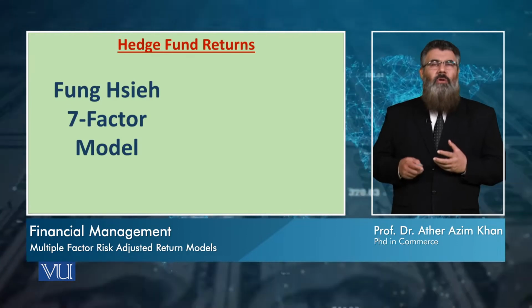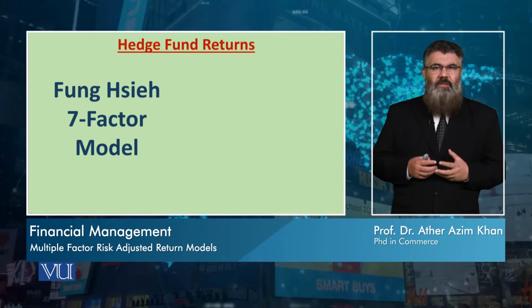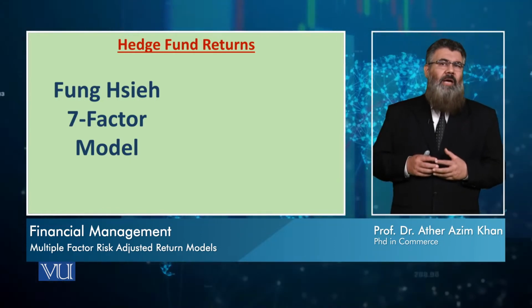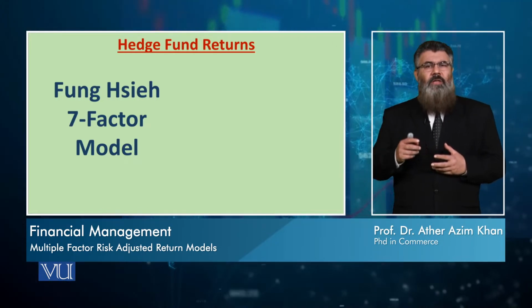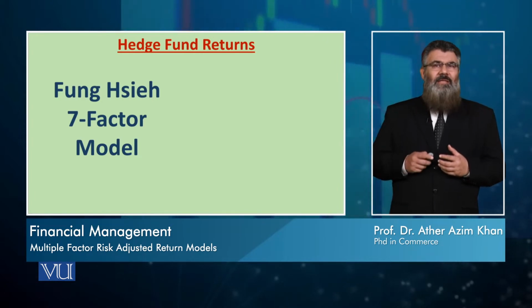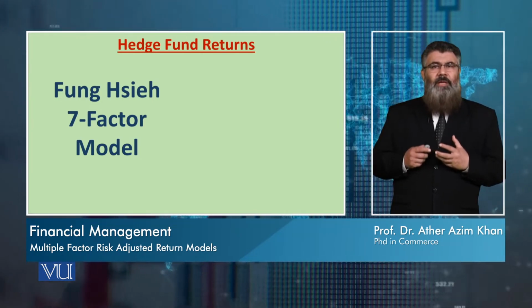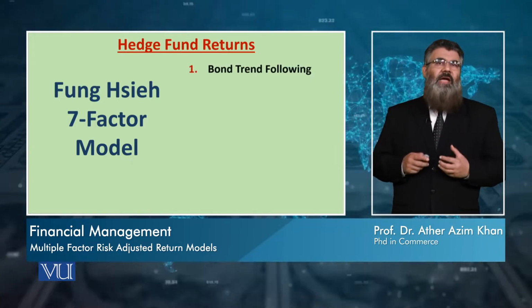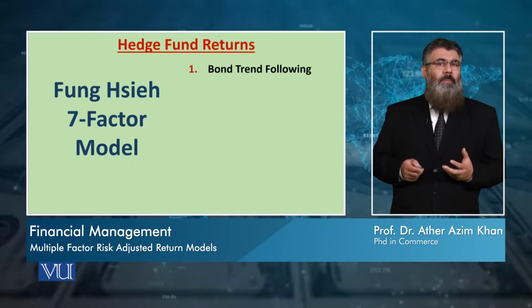So when we talk about these multiple factor models, there are many multiple factor models developed by various researchers. For example, to see the return and to see the explanation of return on hedge funds, Fung's 7-factor model is also a popular model.